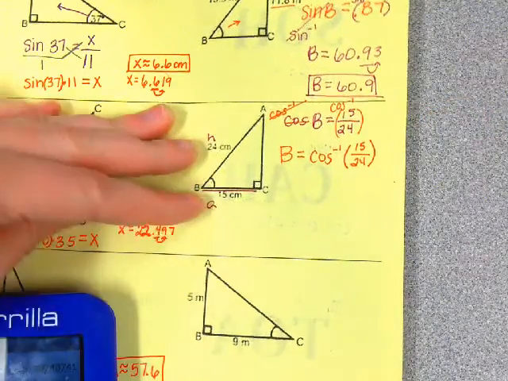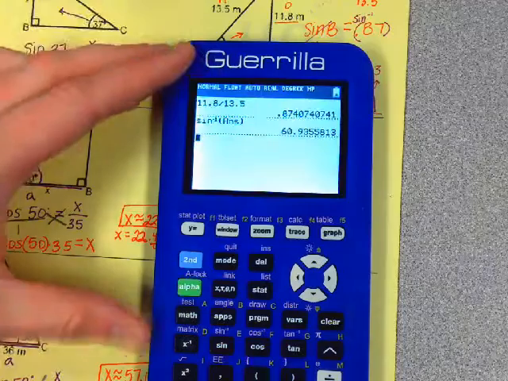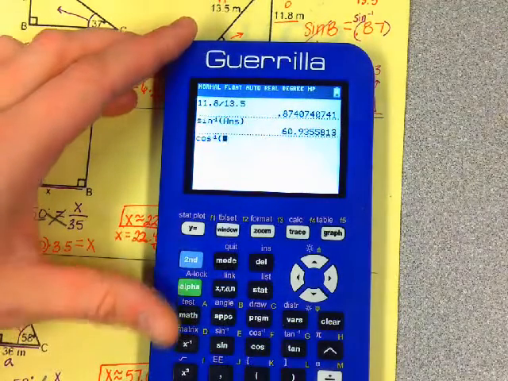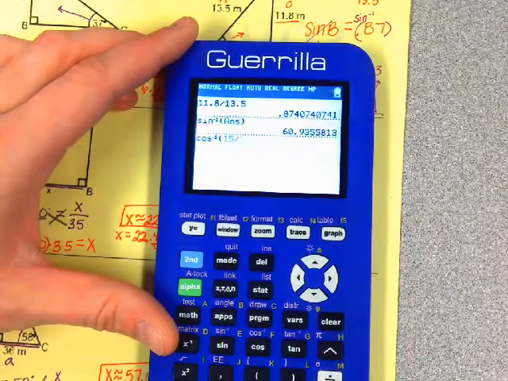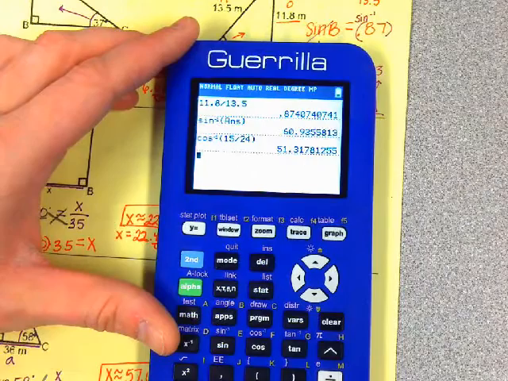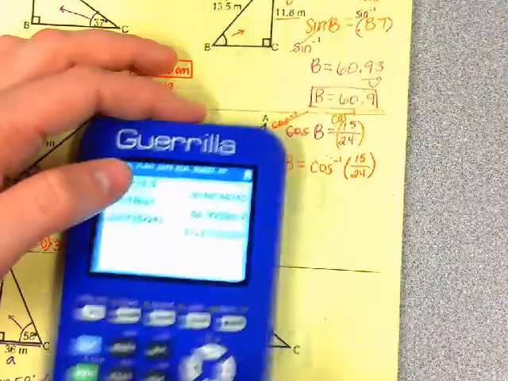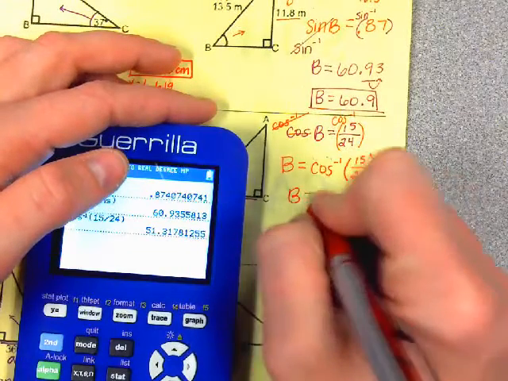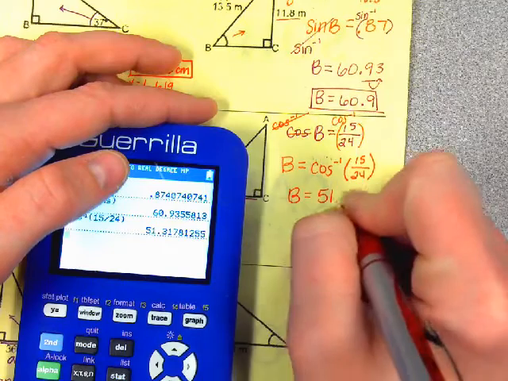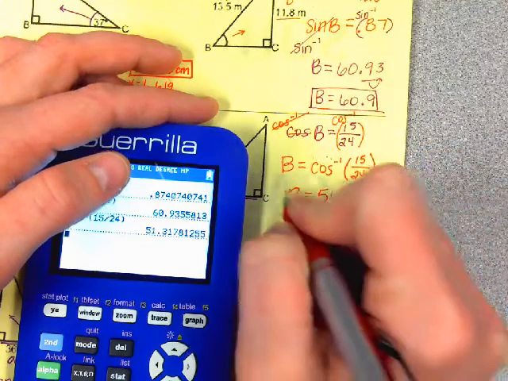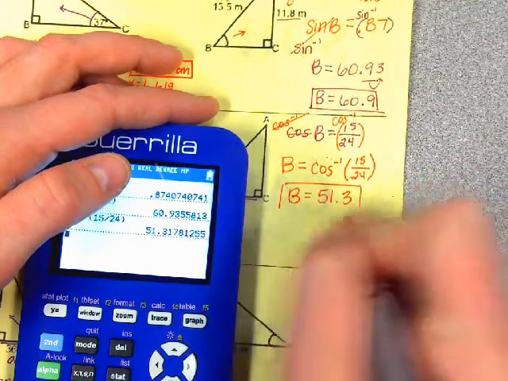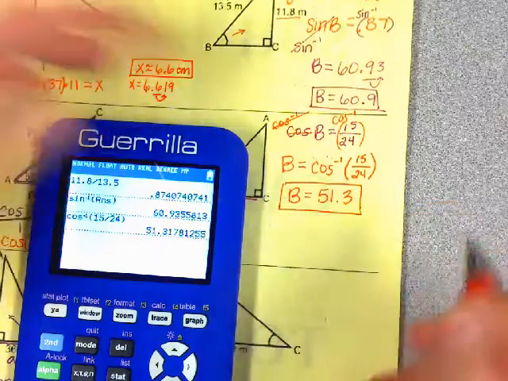And we can type that in. So second cosine inverse of 15 divided by 24, and I get 51.31. So that would be my angle measure.